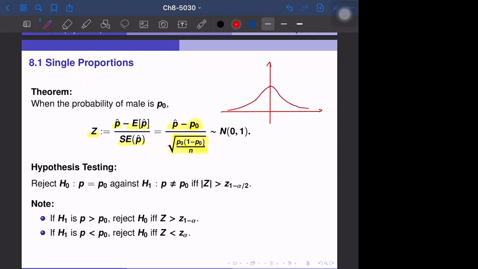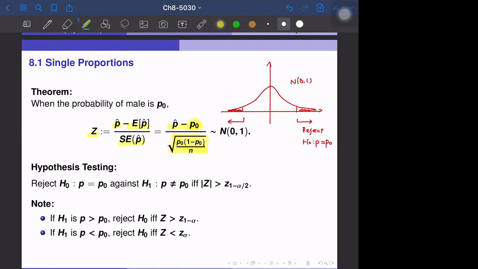So if z is normal 0, 1, this is the distribution of z, and if it falls in this extreme range, either on the right end or left end, this part and this part, we reject the null hypothesis that p is equal to p naught. Otherwise, we accept. So that is the test for a single proportion.